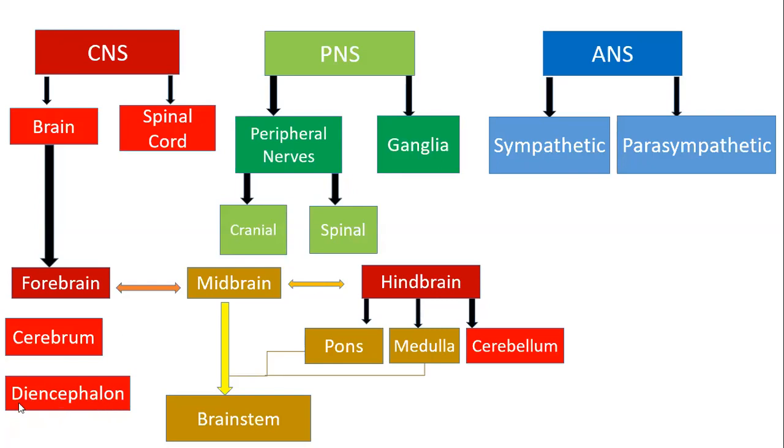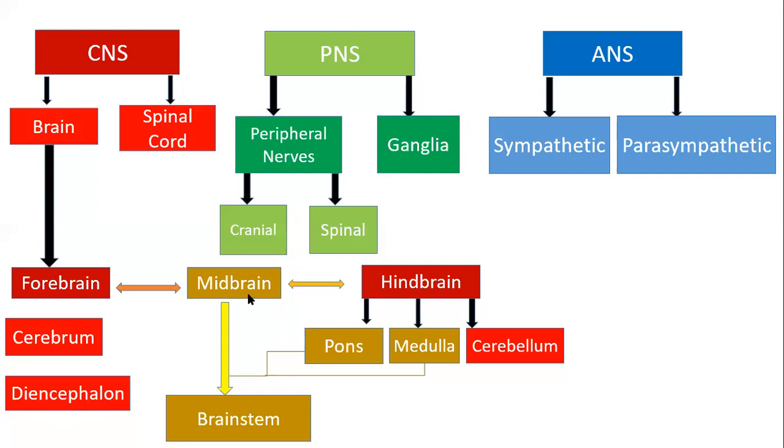Diencephalon is a combined term used to identify the structures located in the midline of the forebrain. So the cerebrum basically comprises two lateral cerebral hemispheres, and the midline structures of the forebrain are called together the diencephalon.